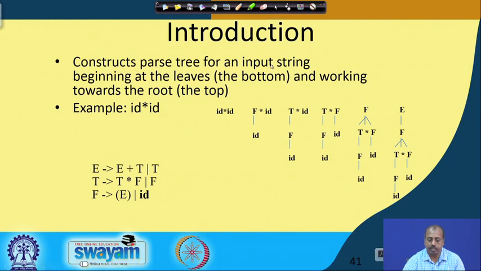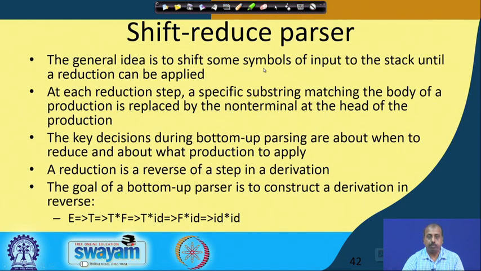So, next, these bottom up parsers are also known as shift reduce parsers. Why this name? Because these parsers work mainly on two operations. One is called a shift operation, another is called a reduce operation. The general idea is to shift some symbols of input to the stack until we find a situation where a reduction can be applied.